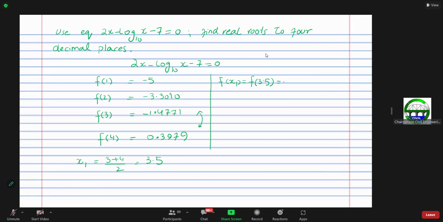Okay, it is minus 0.5441, right? So it is negative and it is positive. So your real root x2 lies between 3.5 and 4 divided by 2. 3.5 plus 4 divided by 2 is 3.75, right?